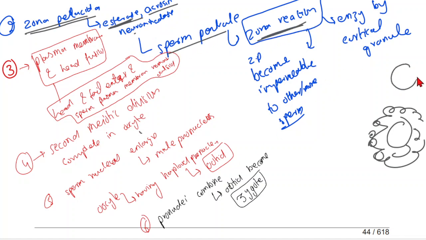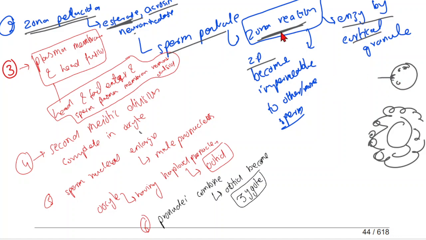For example, this is the zona pellucida, and the sperm penetrates here, and a zona reaction occurs. The zona reaction is the penetration of the sperm through the zona pellucida by esterase and acrosin. Enzymes are also released by cortical granules. The zona pellucida becomes impermeable to other sperm.